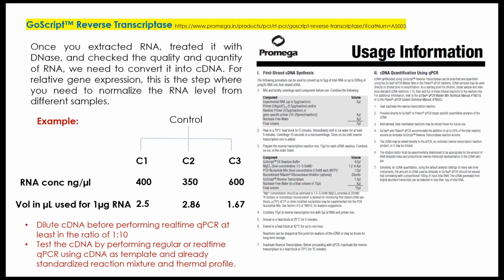The second component has your different buffer, your coenzymes, cofactors, and so on, nuclease-free water for 15 microliter. And only after you mix the first and second component, you go for the thermal profile, which is 25 degrees for 5 minutes and then 42 degrees for 1 hour, right?